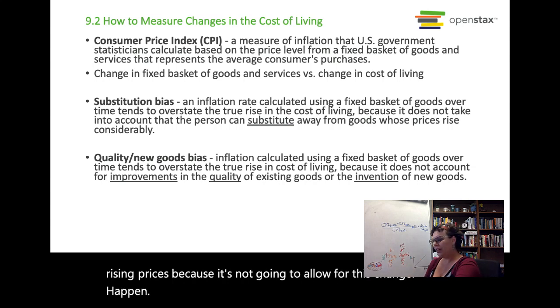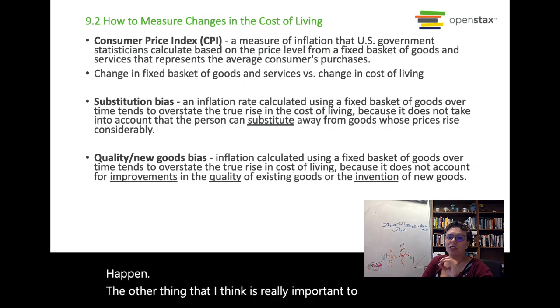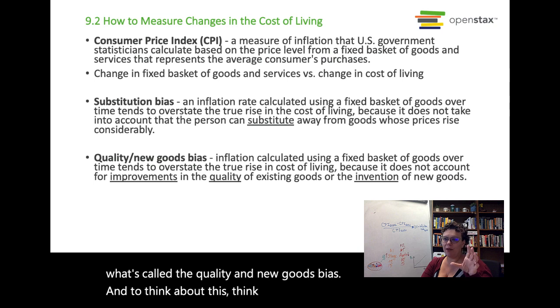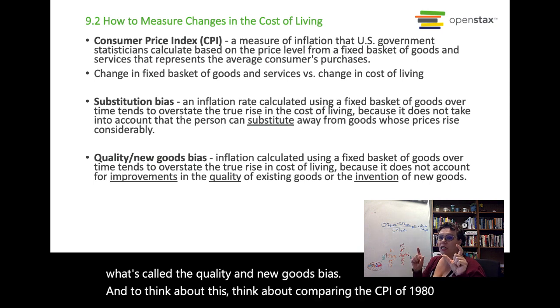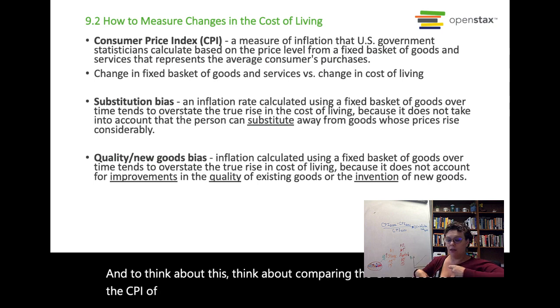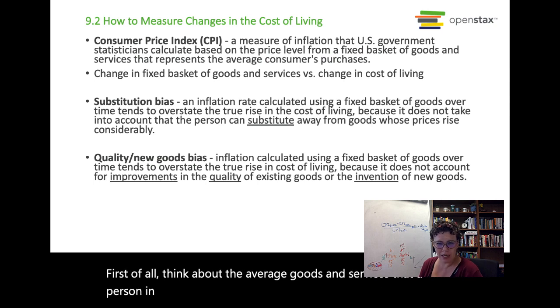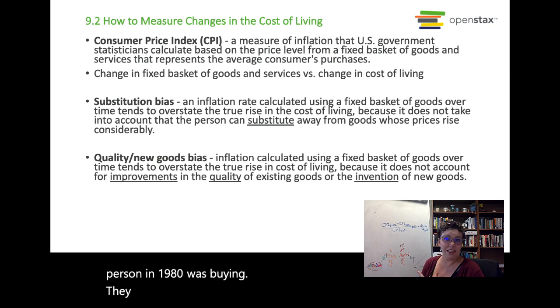The other thing that I think is really important to think about is what's called the quality and new goods bias. And to think about this, think about comparing the CPI of 1980 to the CPI of, say, 2020. First of all, think about the average goods and services that a person in 1980 was buying. They did not have a cell phone.